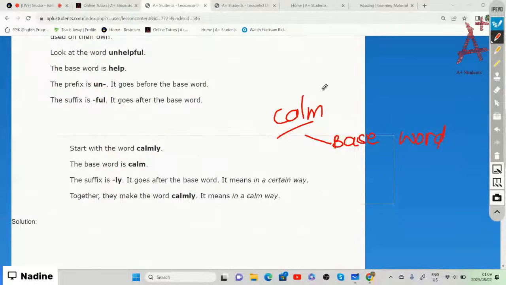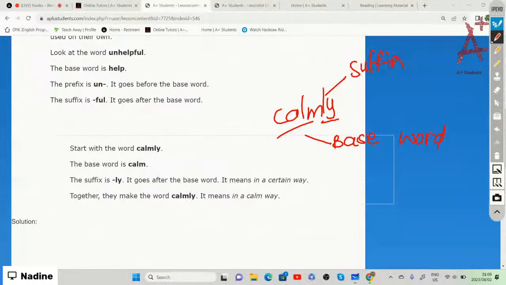And ly is our suffix. The suffix goes after the base word. So calm is our base word, and if we add ly after the base word, we call that the suffix.